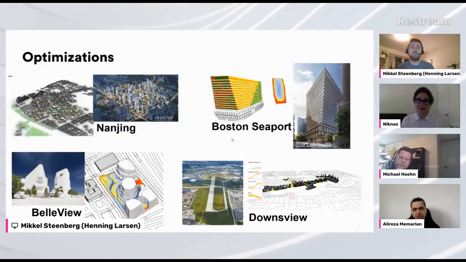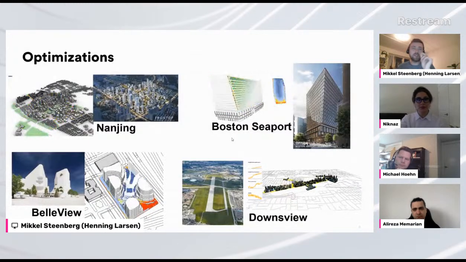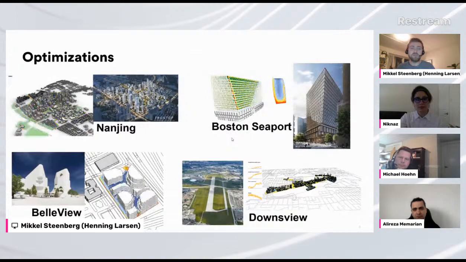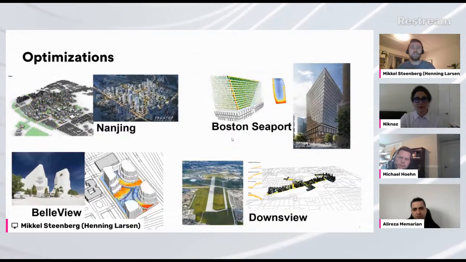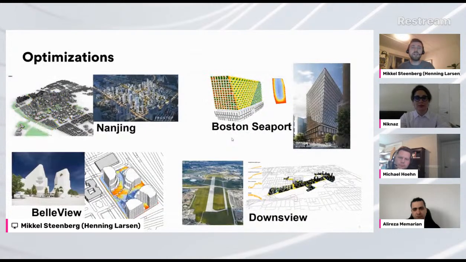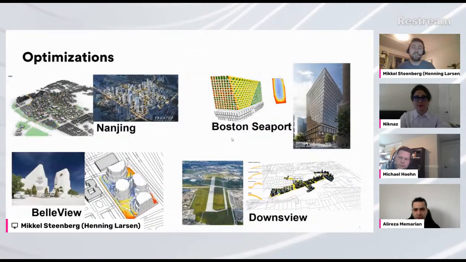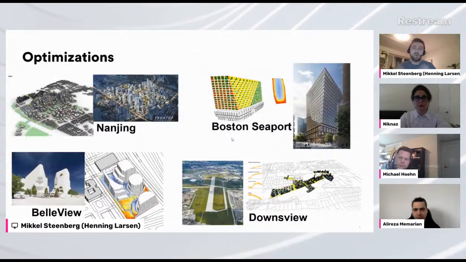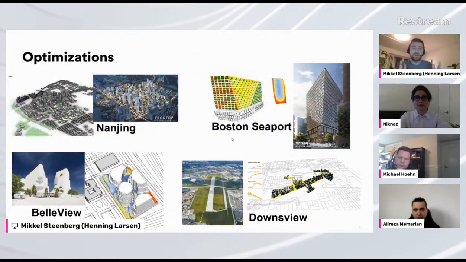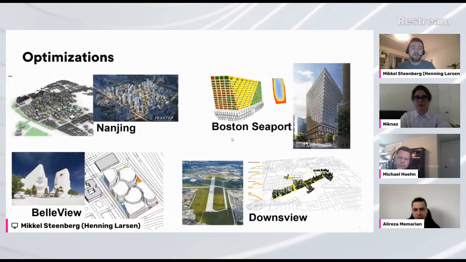It can be extremely hard to say this is the only single solution for this problem. So in this case, we are using generative design to explore different ways of creating cities and to try to open up our minds to what kind of options we could go for.